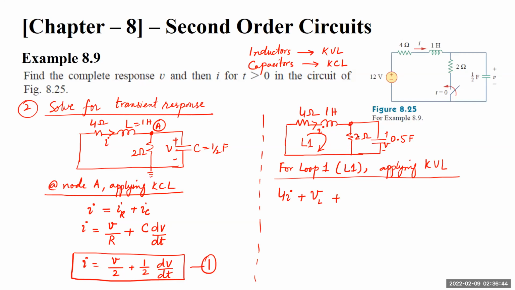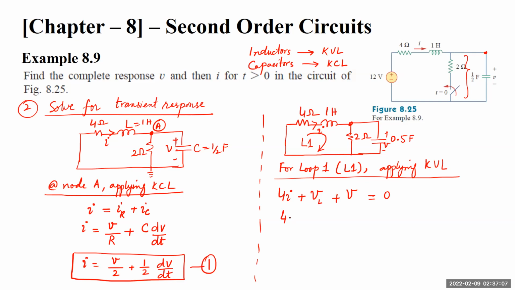We are not much concerned with whatever this loop current is. We are more concerned with this node voltage, so we can always write this as V. This is basically the voltage appearing across this element. So we can write this equation as this.